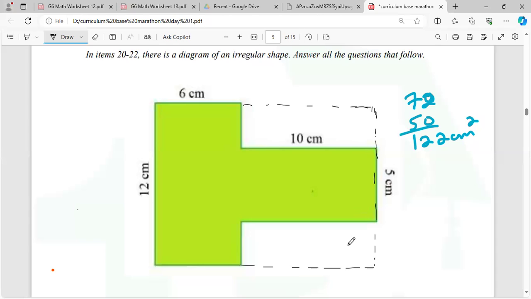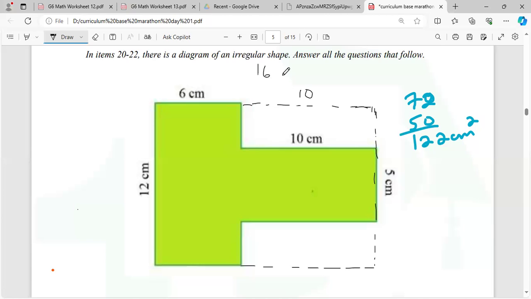Alright, Lakai, what's the next step? So you said this was 16? Yes, sir. The side at the bottom is 10 centimeters, and if you move it forward, it would be 16, because 10 plus 6 is 16.